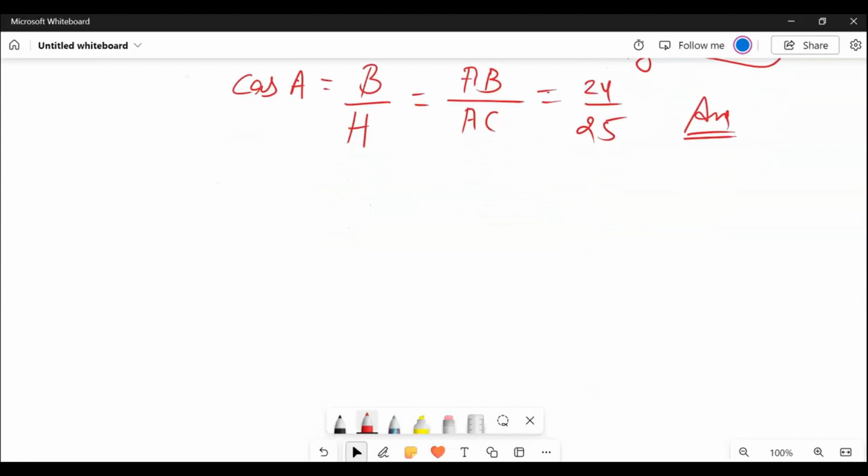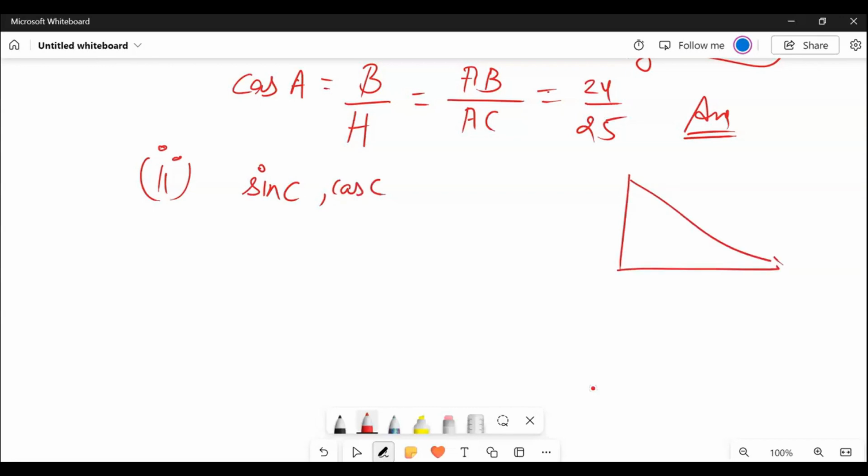In the next part of this question we need to find out sin C and cos C. The same triangle we can take. I am drawing it again for your better understanding. This is A, this is B at right angle, and this is C. BC was 7 centimeter, AB is 24 centimeter, and hypotenuse is 25 centimeter.